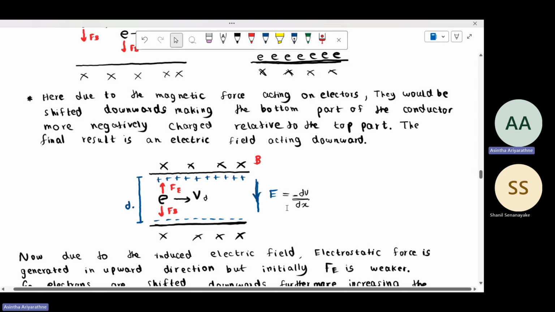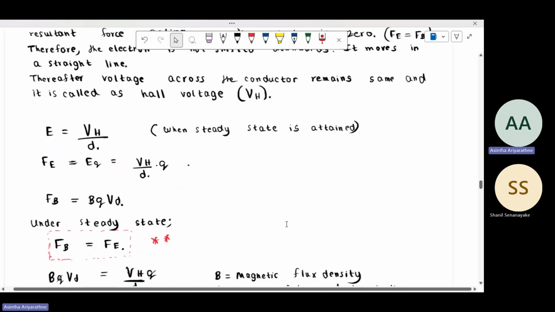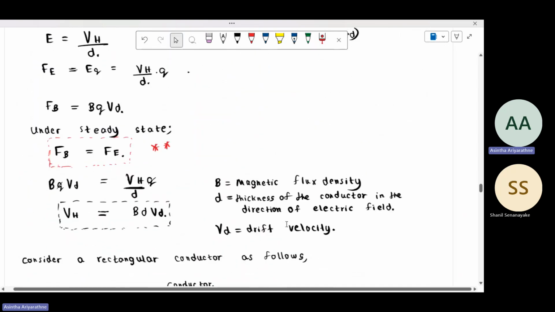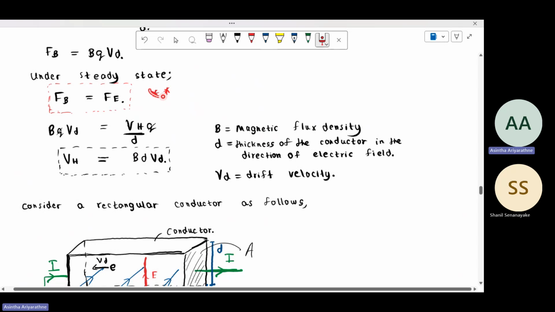The voltage corresponding to this instance where FE equals FB is called the Hall voltage. What you have to remember is that when the Hall voltage is reached, the magnetic force acting on the charge becomes equal to the electrostatic force.